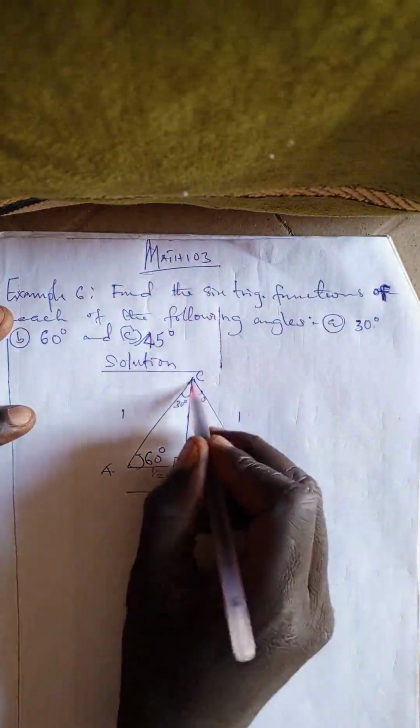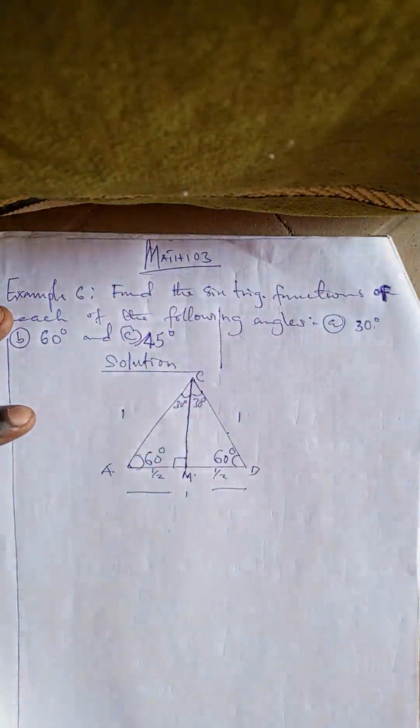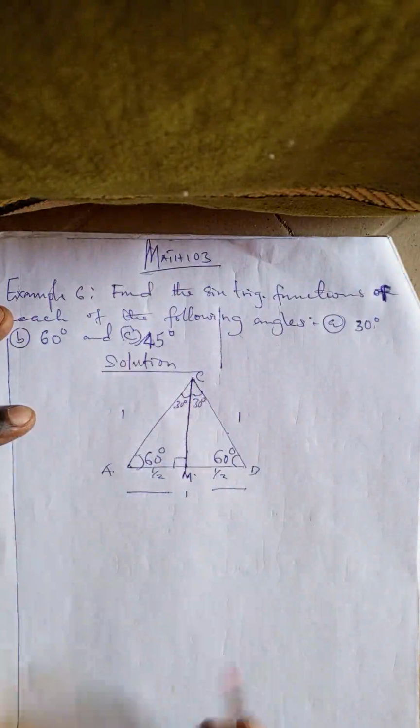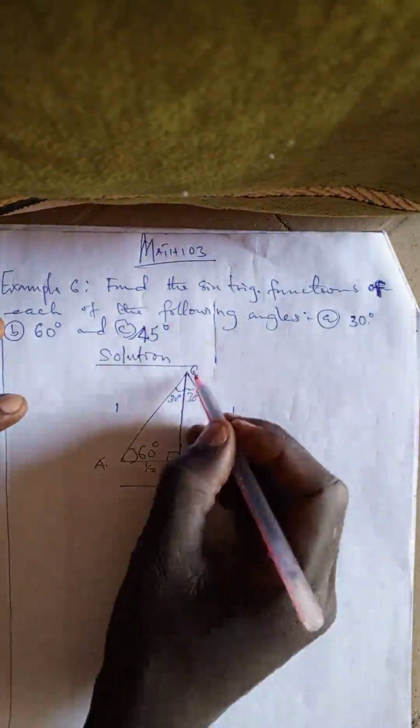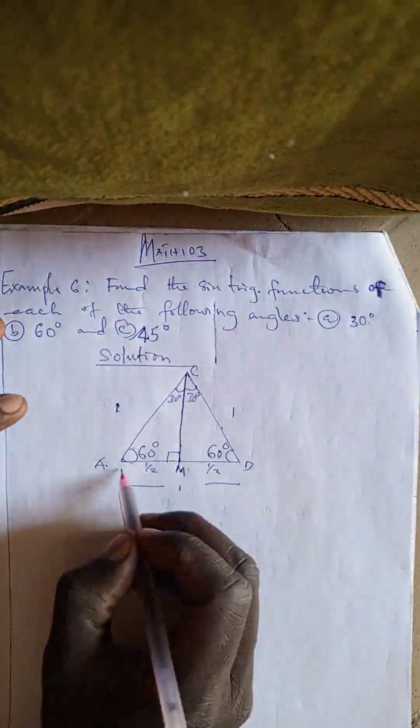But this length, line MC, we don't know. All we know is that this is a right angle triangle, and the length here is 1.